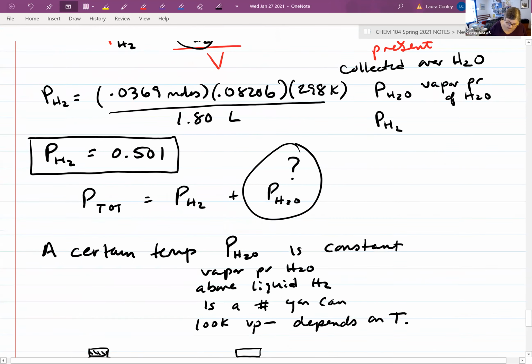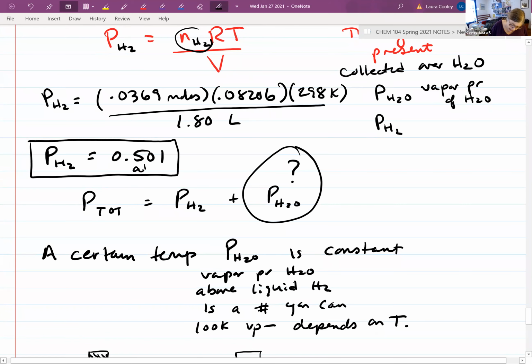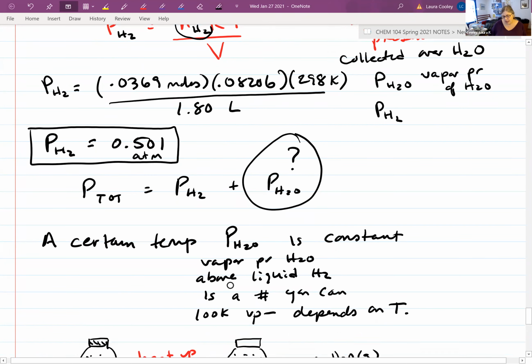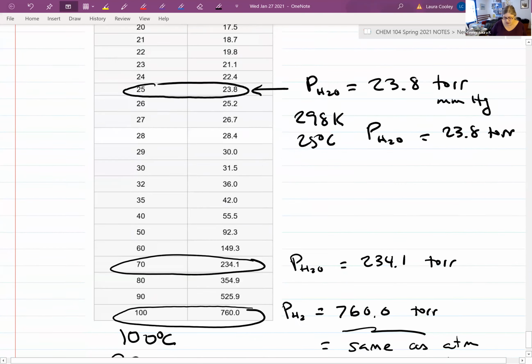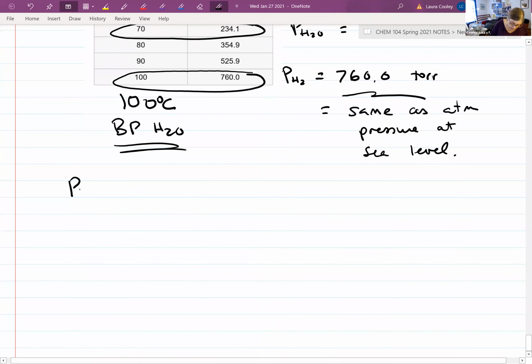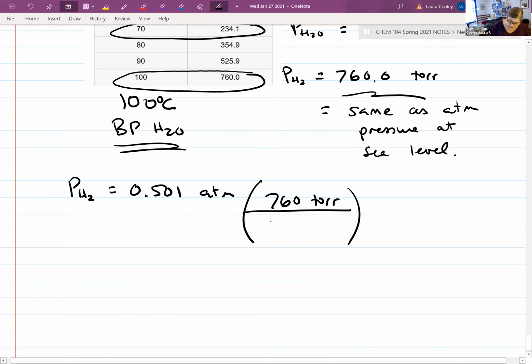So now all I have to do is add that to the number that we got earlier, 0.501, but this is in atmospheres. Well, that's not a big deal. I'm going to convert that to torr. And when I do, it comes out to 381 torr.